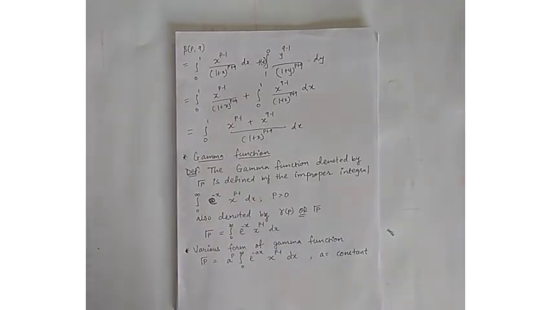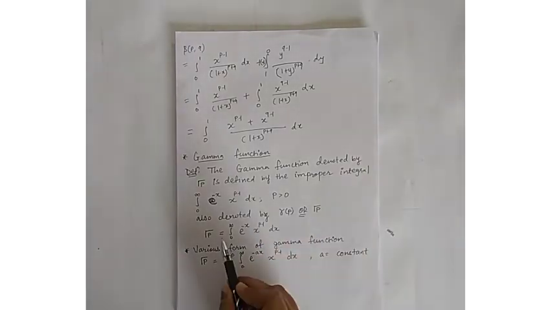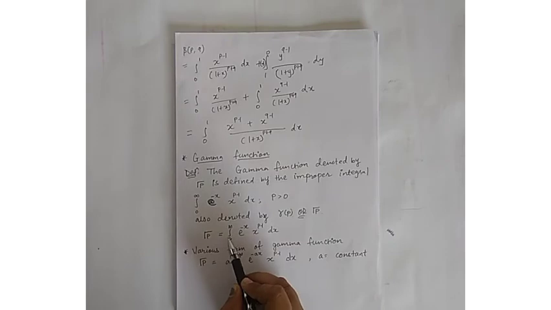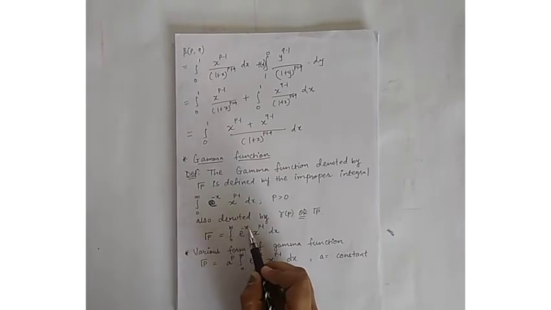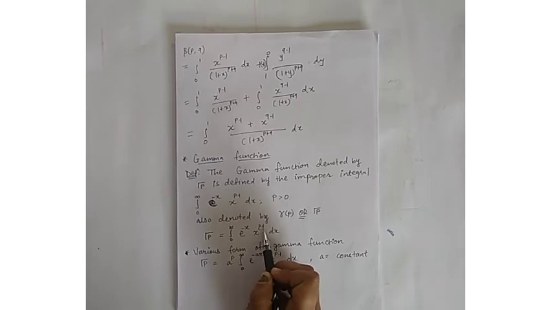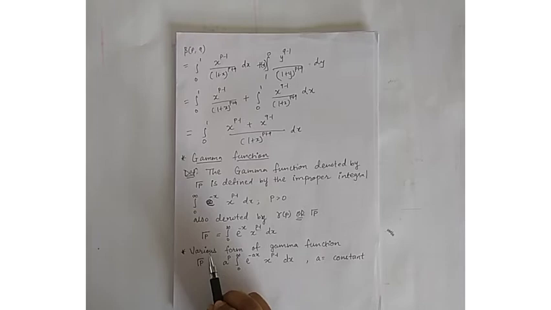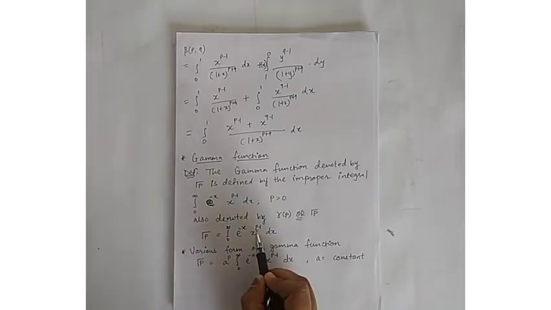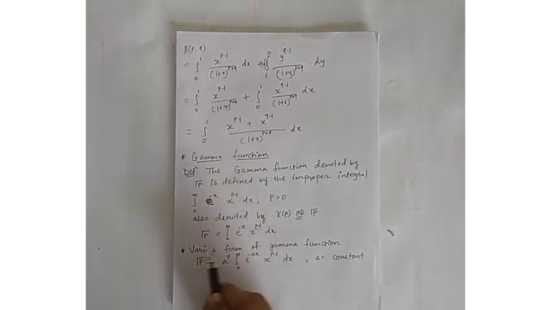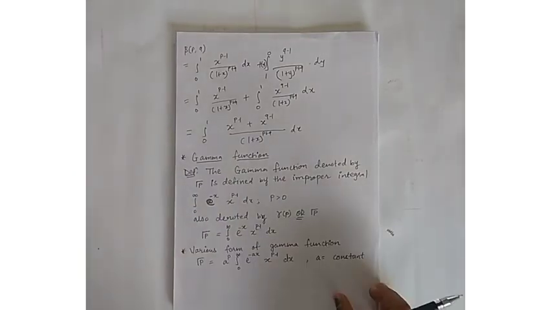First we see the exact definition, that is 0 to infinity e raised to minus x, x raised to p minus 1 into dx. Here it is p minus 1, so you can write gamma p. If here it were only x raised to p, then you would have to write gamma p plus 1. So let's prove this form.